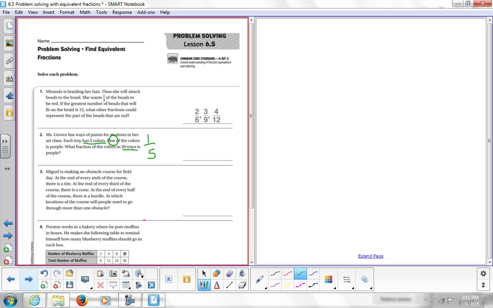All right, so I've got 5 trays here, my total number of trays. And my other fraction is going to have a total number of trays as well, right? What is that? Okay, well, I have 20 trays.